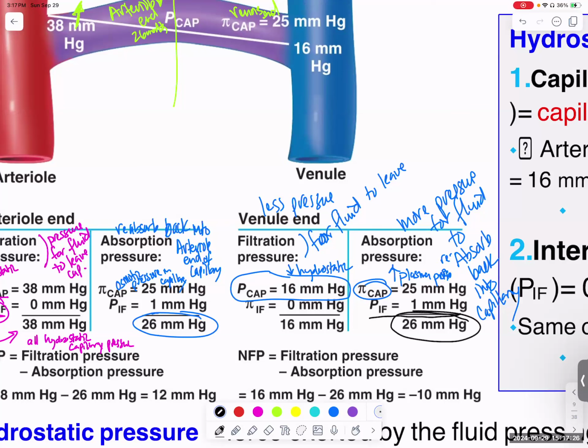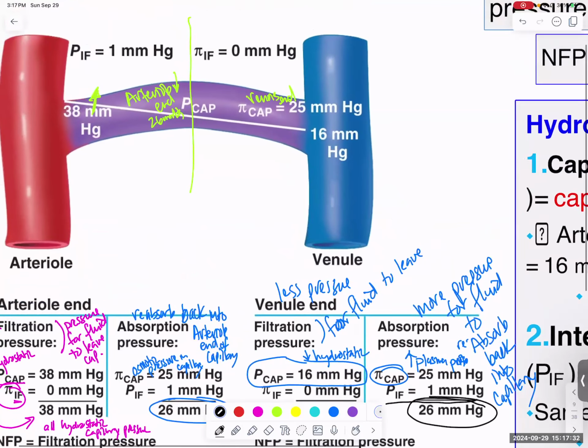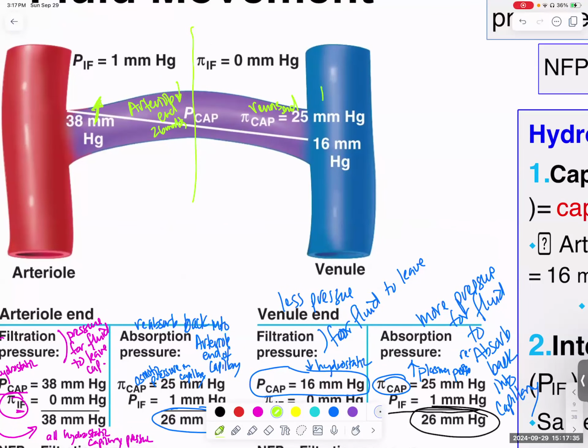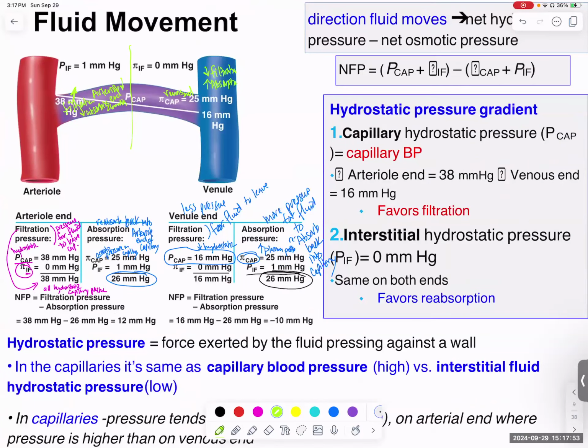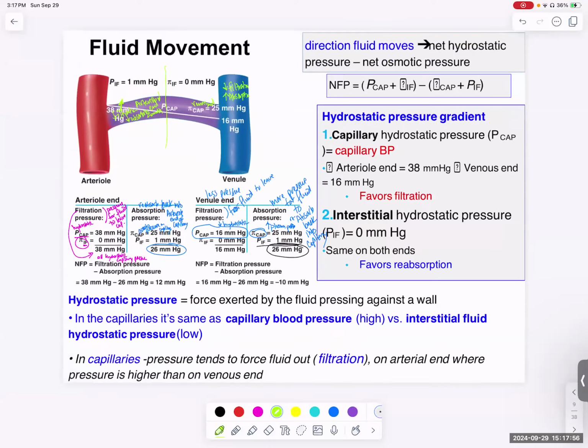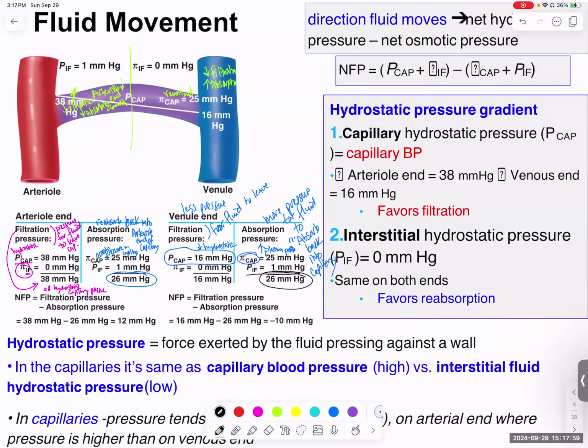So the absorption then goes to 26 millimeters of mercury. It's higher. So you have a higher absorption and a lower filtration at the venous end. Here you have a higher filtration and a lower absorption at the arterial end. These are the pressures that are driving this. And so this might look confusing at first, but if you go through it and you start to master hydrostatic pressure, it's the force exerted by the fluid against the wall.